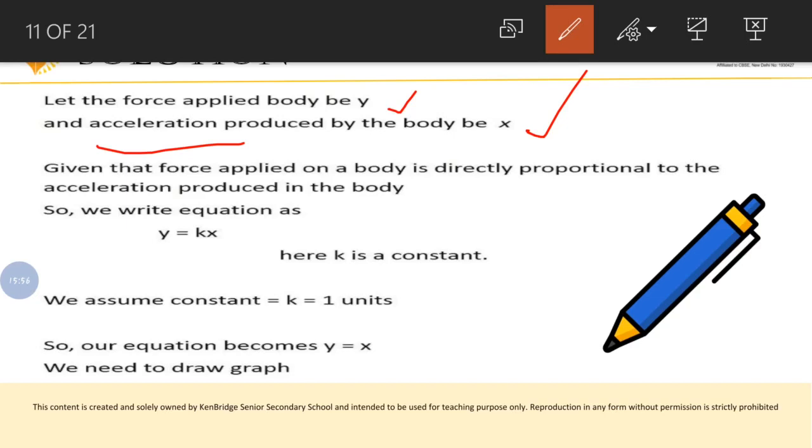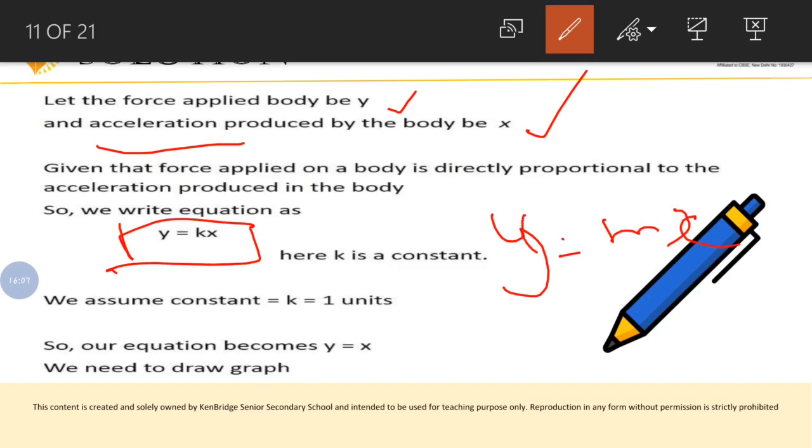Now we know that y is equal to kx. Here k is the constant. In physics you will learn that y is equal to mx, no? In the same way, any constant term, it may be m or k, whatever, any constant value, you will have that equation.